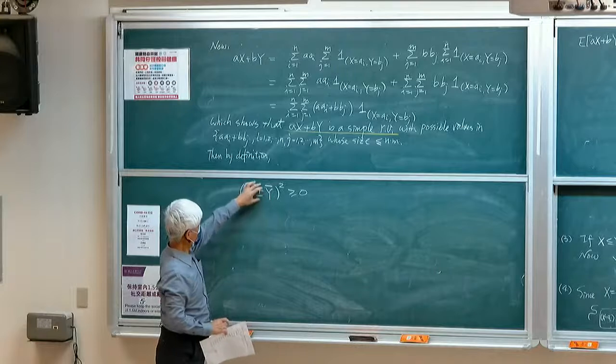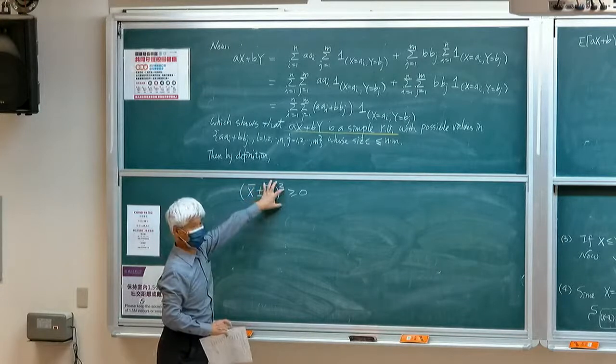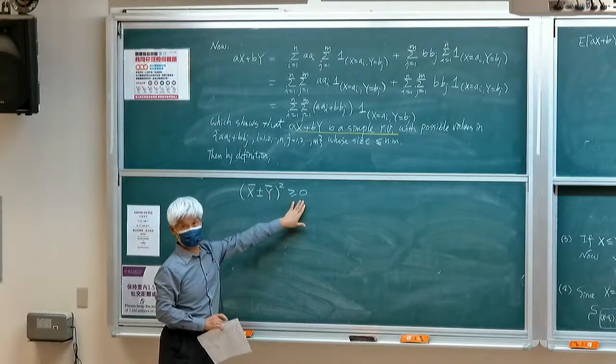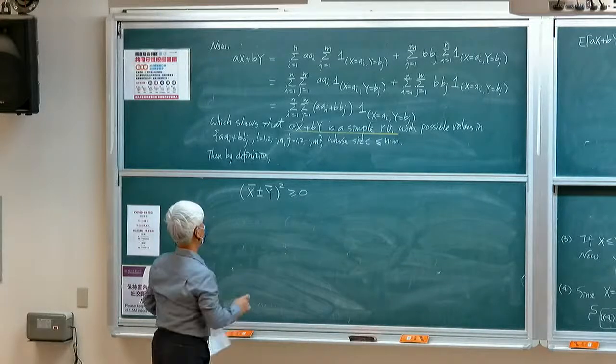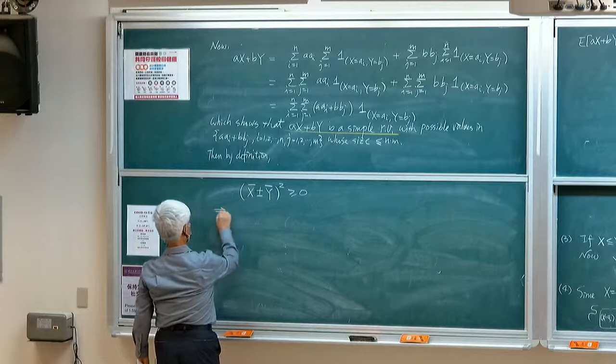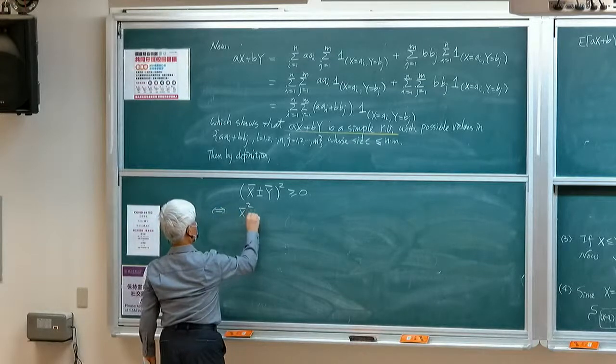So when you add and subtract, you take a perfect square. This is always greater than or equal to 0 because their values are real.